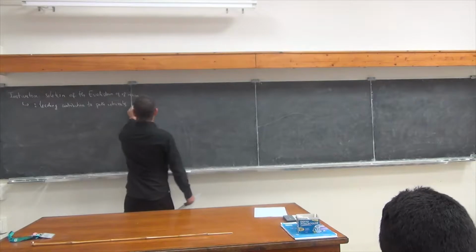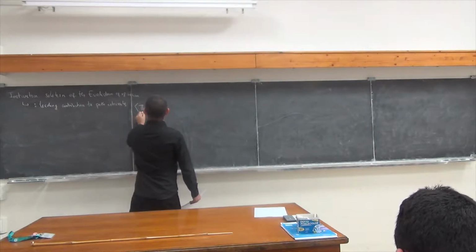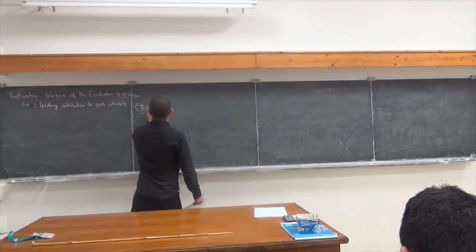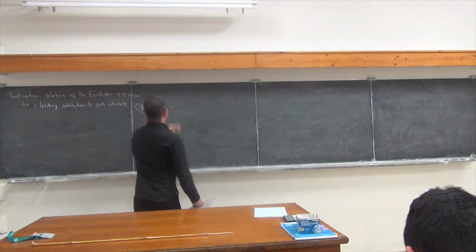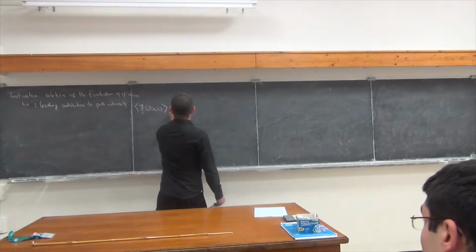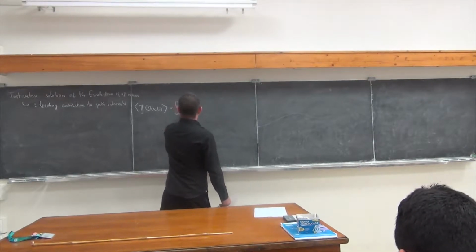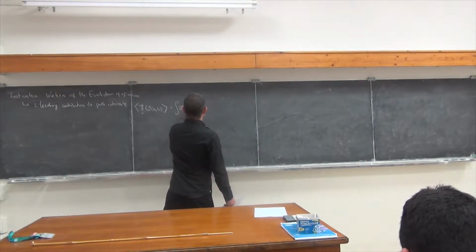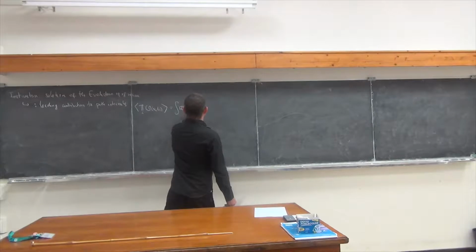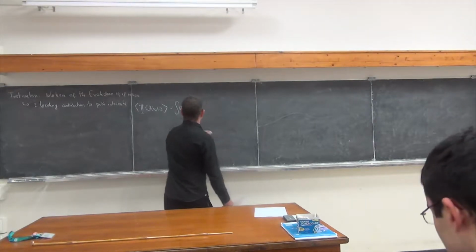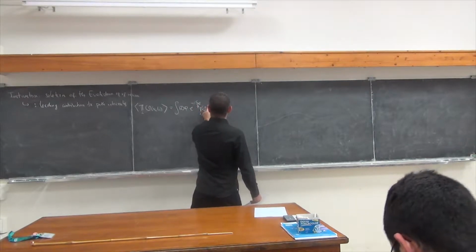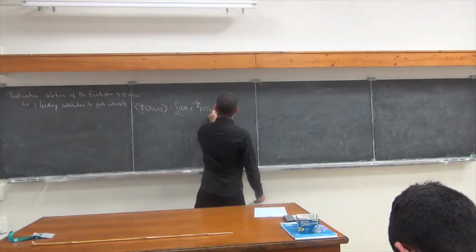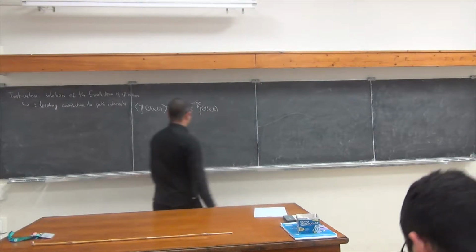And essentially what we have seen is that if you have a correlator in any quantum field theory, you can write this as the integral of e to the minus the action.